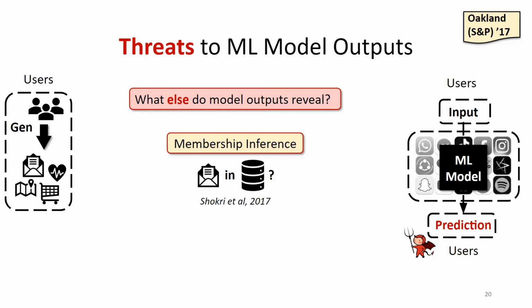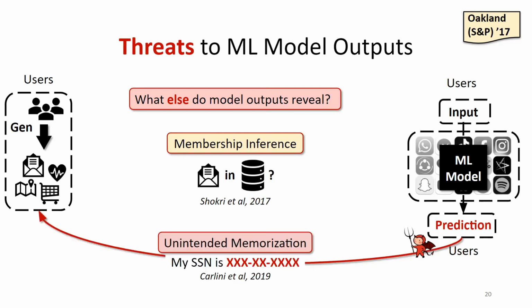The fact that a patient participated in some training could already be privacy violating. And furthermore, if you happen to train your model on certain outliers, such as, for example, a social security number, which is an outlier for natural language, an adversary with access to the model's output will very likely be able to decode that social security number because the model can memorize that.